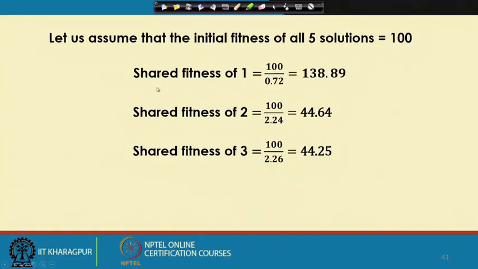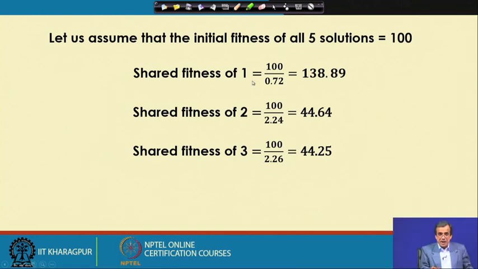Now, I can find out the shared fitness of 0.1, that is nothing but 100 divided by 0.72, the niche count, and this will become equal to 138.89. Similarly, the shared fitness value of 0.2 is 100 divided by 2.24, which is 44.64.